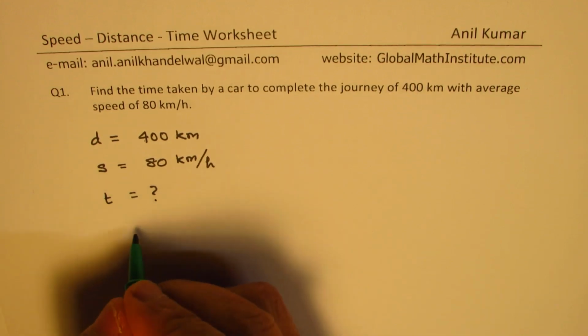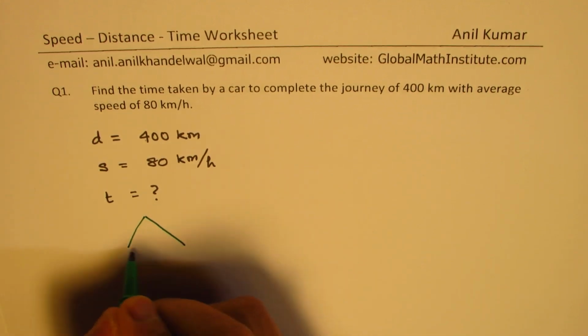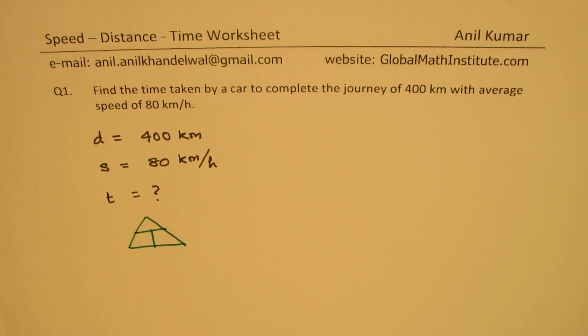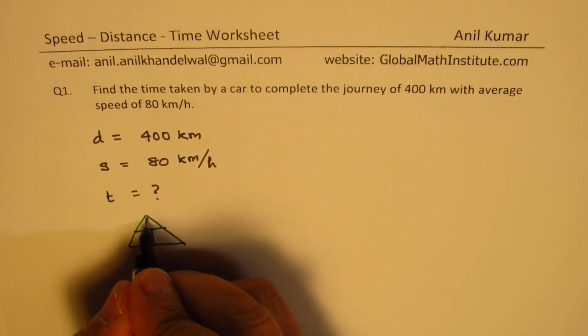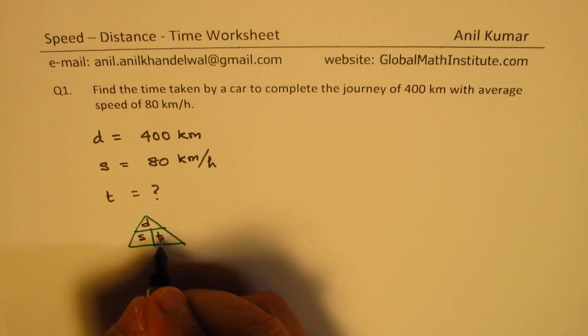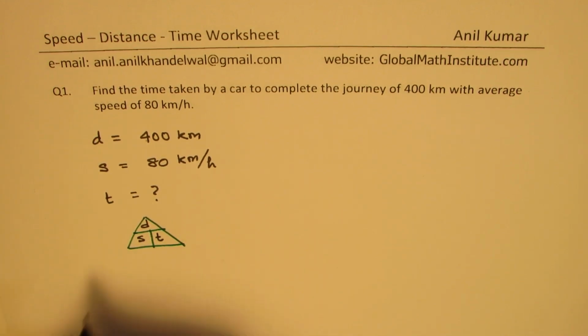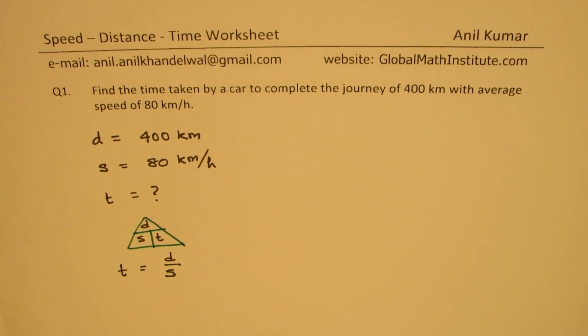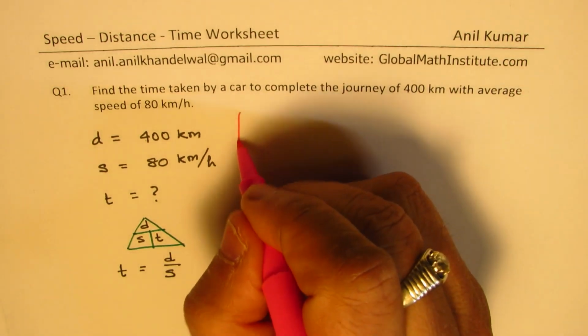Relation, very clear. Distance, speed, and time. Since we want to find what time is, the relation is time is distance over speed, right?